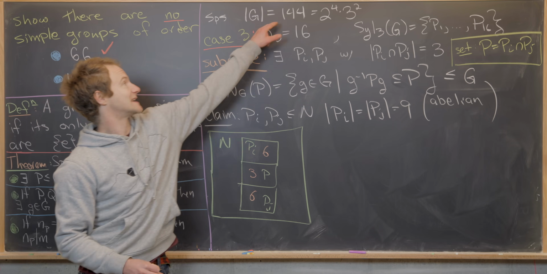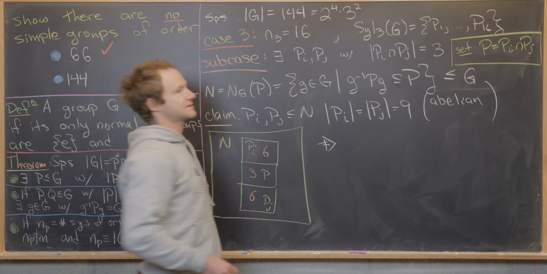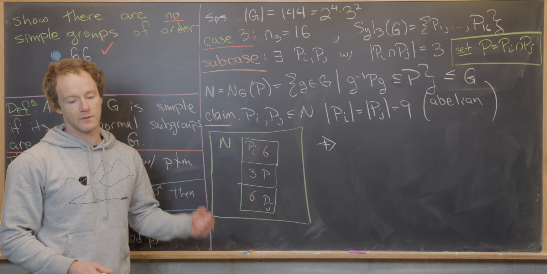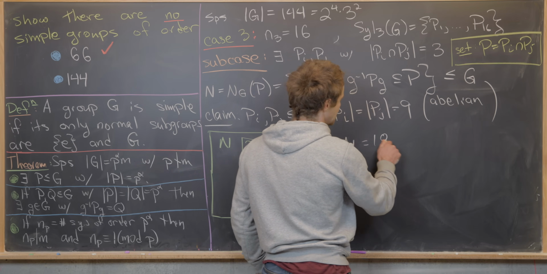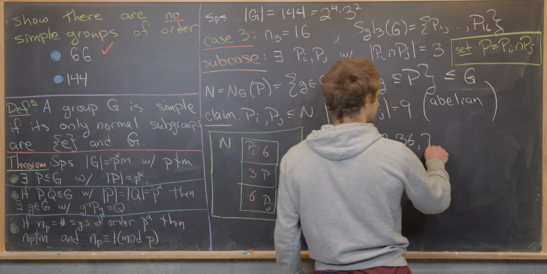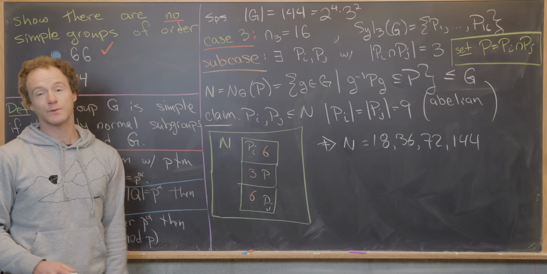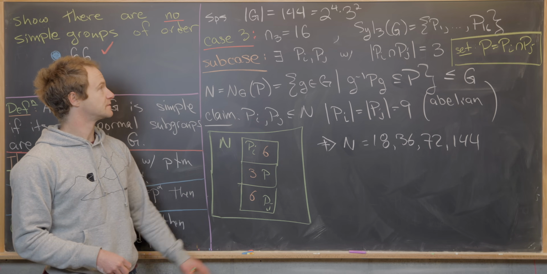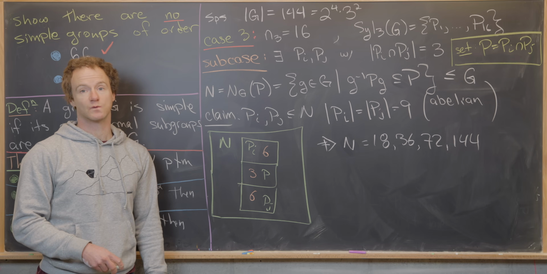But it also has to divide 144. So the numbers that divide 144 that are bigger than or equal to 15 are going to be 18, 36, 72, or 144. So in fact, we need to look at all of those cases. So I'll go ahead and get rid of some of this, and then we will start looking at those cases one at a time.